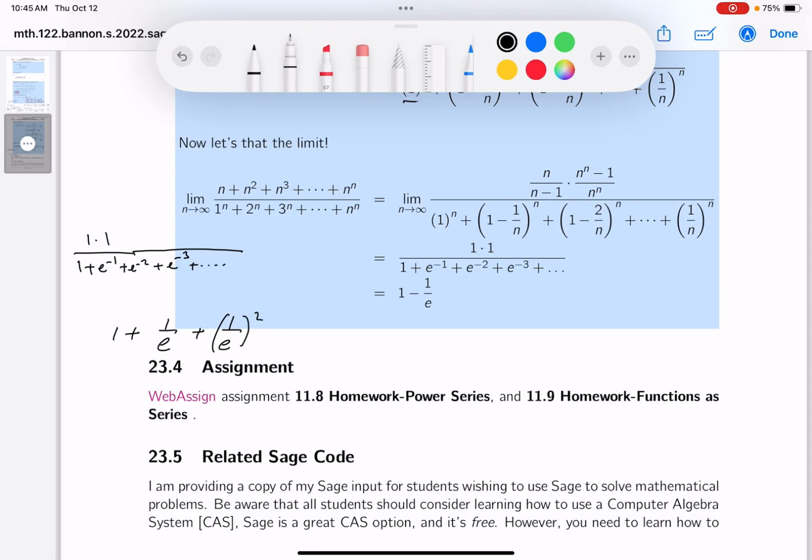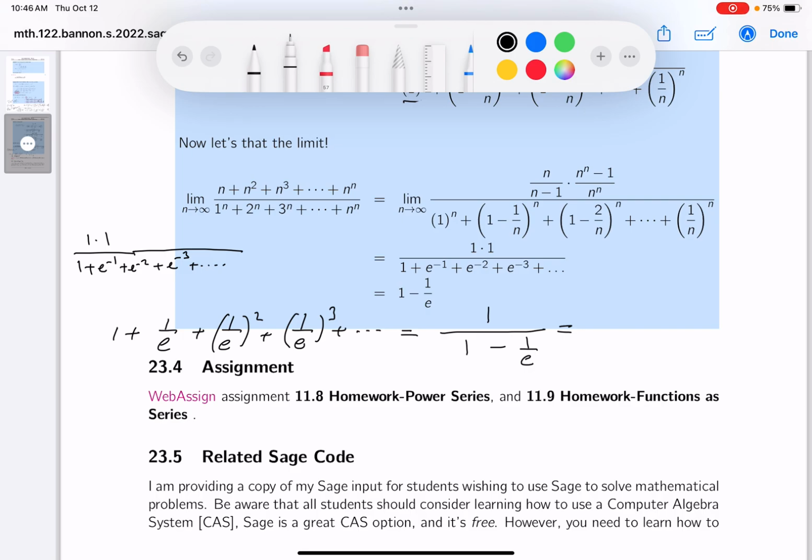I'll write this way, plus 1 over e cubed. And that's a real simple geometric sum, by the way. What's that going to give you? Well, it's going to give you 1, and then it's going to be 1 minus the common ratio, which is 1 over e.